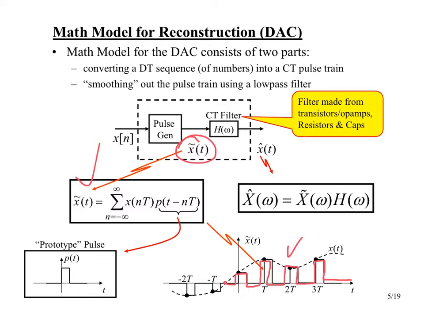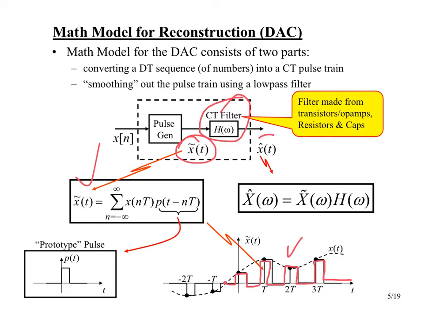Okay, so we can visualize what x tilde of t looks like in the time domain, and now we need to send that through this continuous-time filter, which is easiest to analyze in the frequency domain, as is almost always the case.